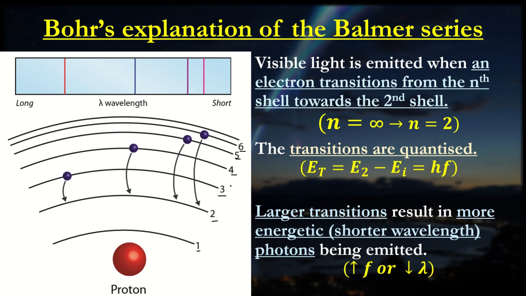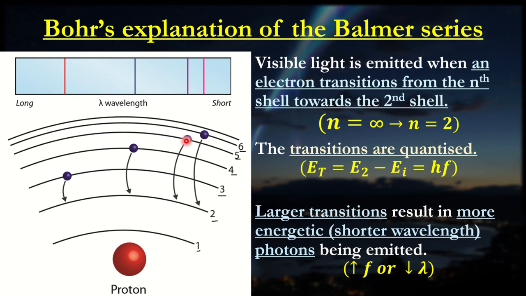In order for an electron to migrate up or down, you have to give off that energy difference. Because we know for the visible spectra, the electron always needs to migrate to the second energy shell at the end. So it doesn't really matter what initial shell we use, but that's it.